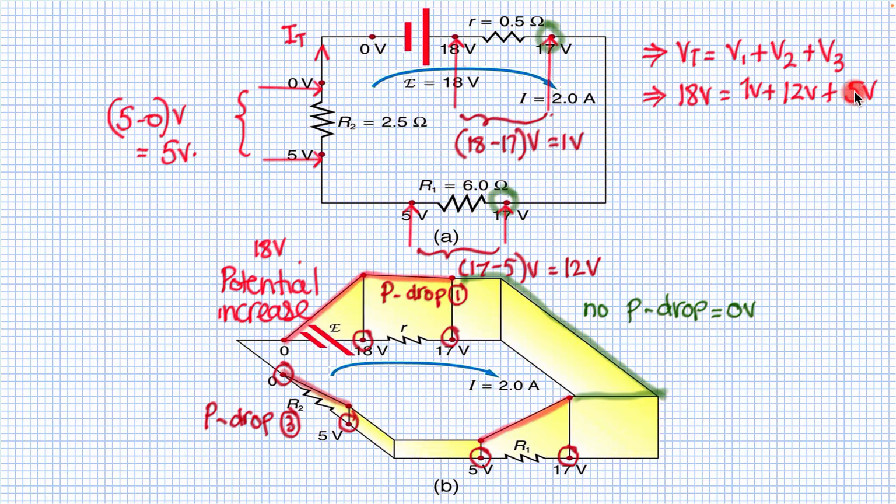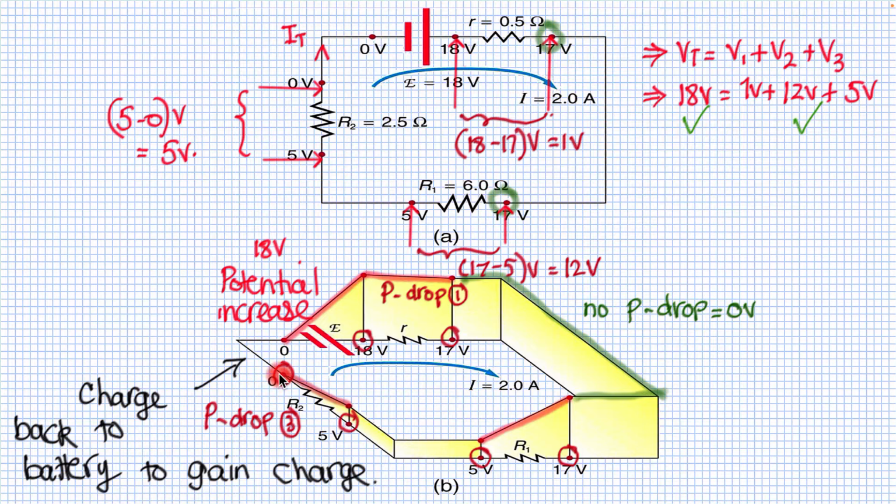Adding those together, we get 18 volts. After this potential drop, there is a potential difference of 0 between those 2 points. The charge has to come back to the battery to gain potential energy or increase its potential again, so that this process continues as long as charge is available.